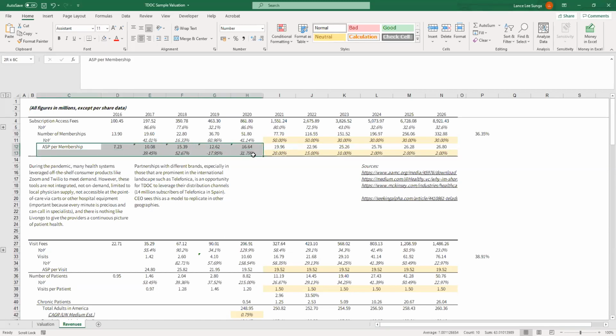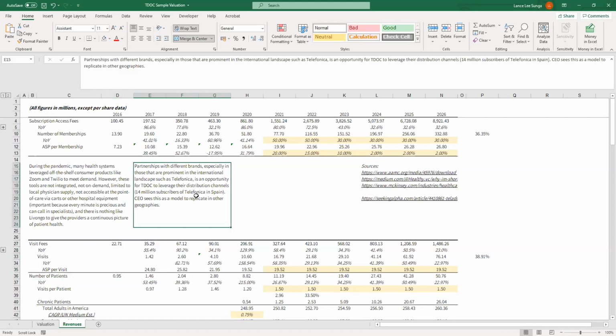And the main reason for this is because Teladoc has pricing power. And so that's really important to note because in the next segment, I didn't project the average selling price, because they don't have pricing power for this segment. So it really depends on your analysis based on your deep dives of your company, right?